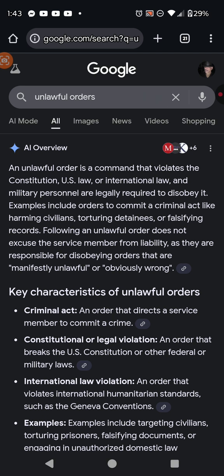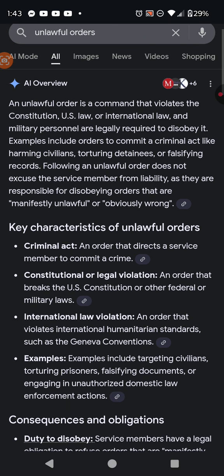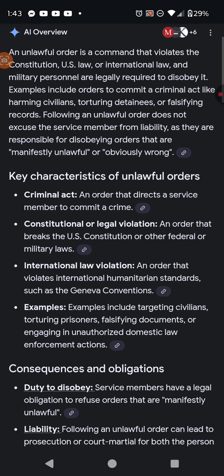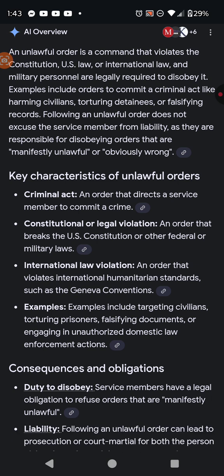Examples include orders to commit a criminal act like harming civilians, torturing detainees, or falsifying records. Following an unlawful order does not excuse a service member from liability, as they are responsible for disobeying orders that are manifestly unlawful and obviously wrong.